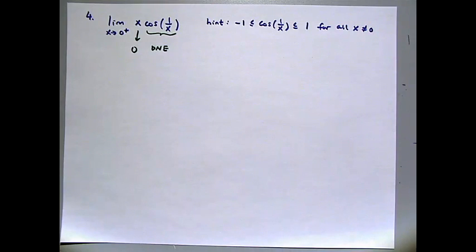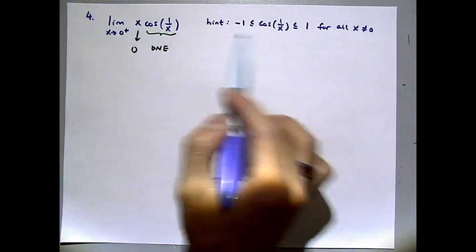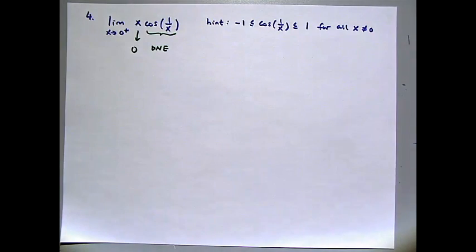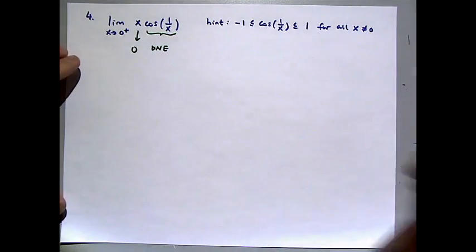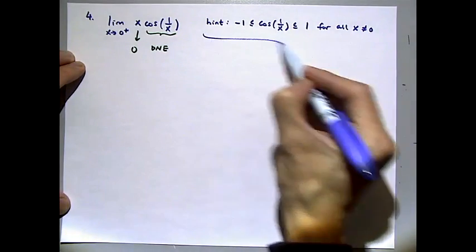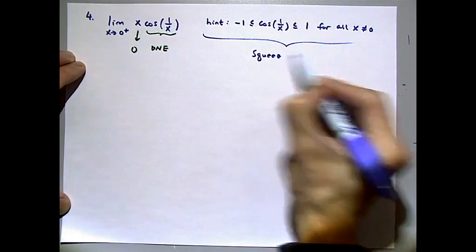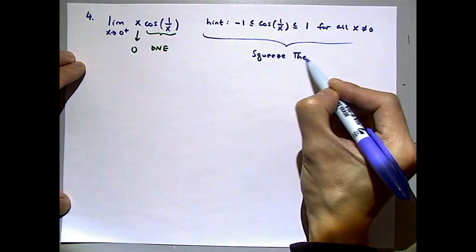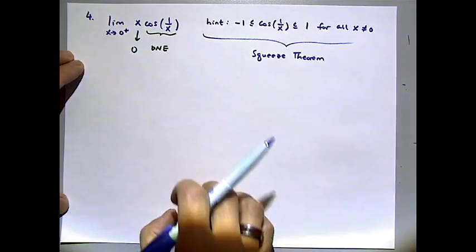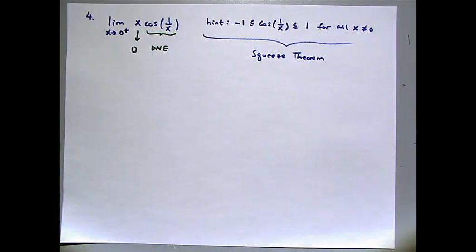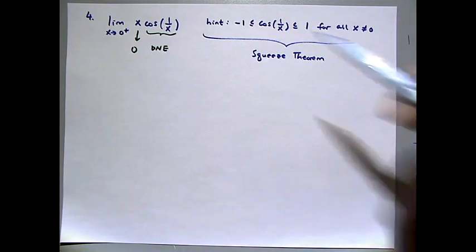Now, we use squeeze theorem. That's what this is setting up to do. So this right here tells us that we can use squeeze theorem, because we know cosine of 1 over x is trapped between two things. If we know that is true, then squeeze theorem allows us to find the limit of this thing.